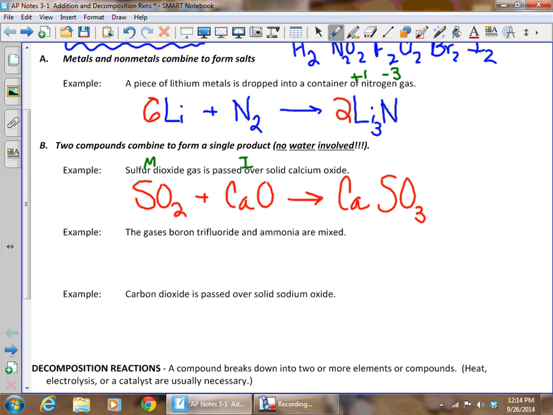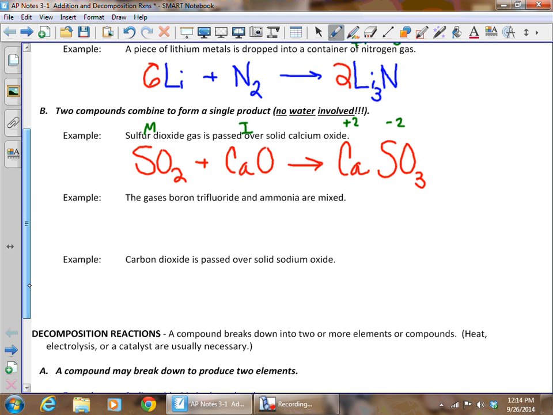Well, we hopefully remember that we have a nice polyatomic ion, sulfite, that is SO3. So we combine those together and we think about what kind of compound we could get out of that. Calcium's a +2, remember, and sulfite is a -2. So that's the equation for that particular reaction.